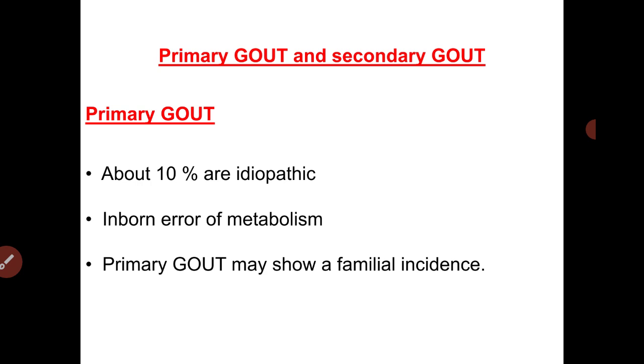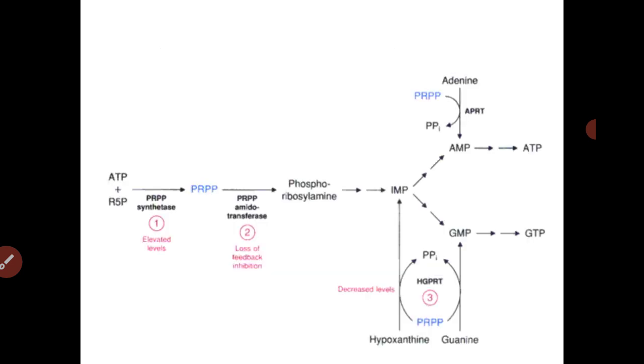There are two types of gout, primary gout and secondary gout. In primary gout, there is a familial incidence and 10% of primary gout is idiopathic. It is an inborn error of metabolism. The cause for primary gout is defect in the enzymes used for the synthesis of purine nucleotide.